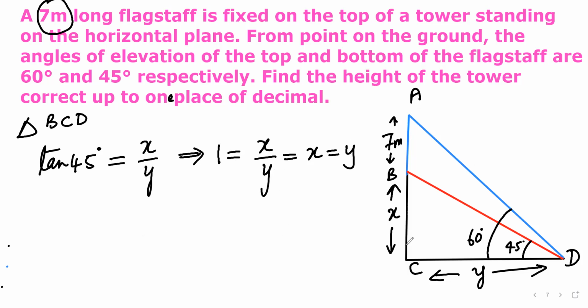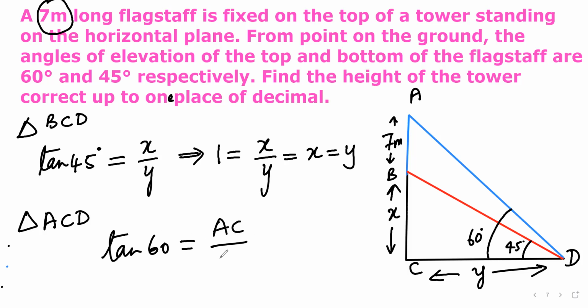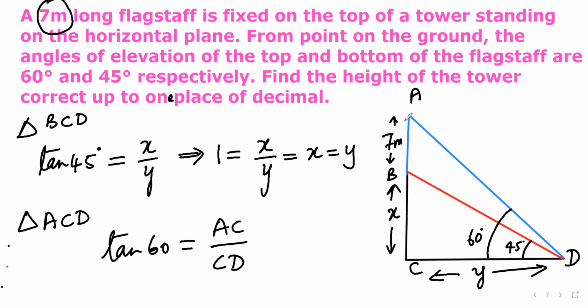And from the second triangle ACD, tan 60 equals AC divided by CD. What is AC here? AC is 7 plus x, correct?